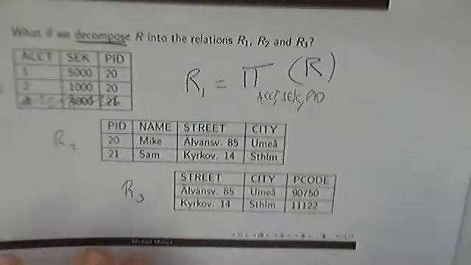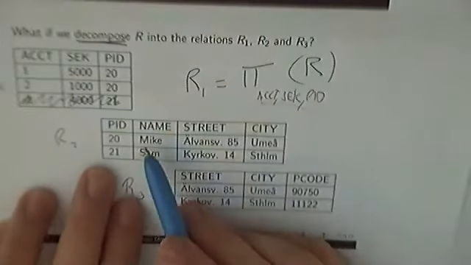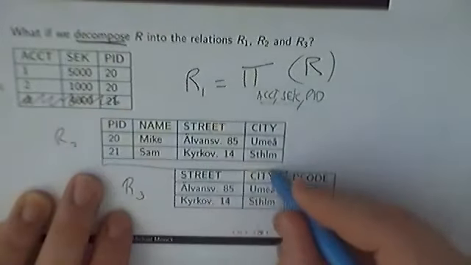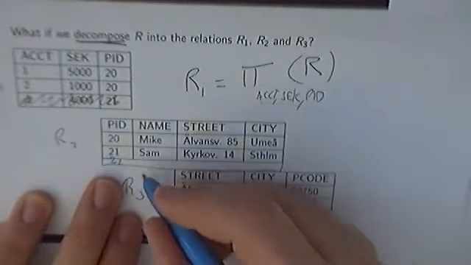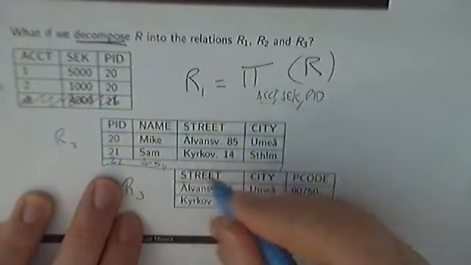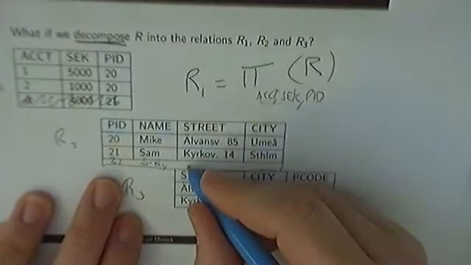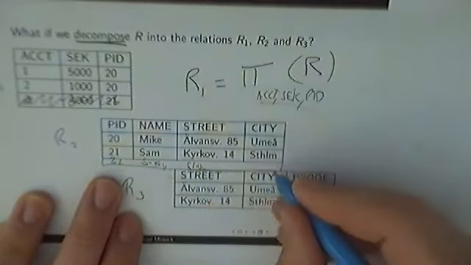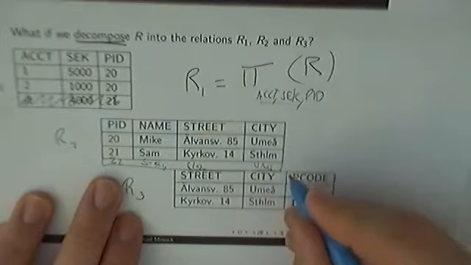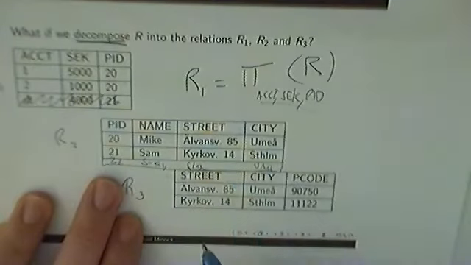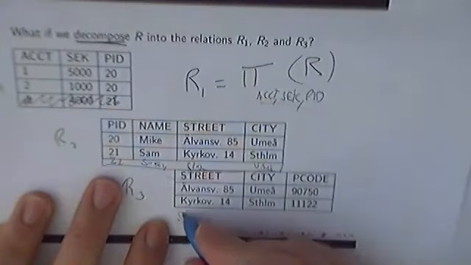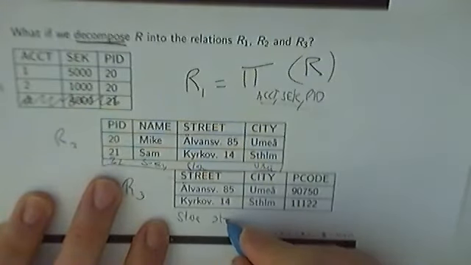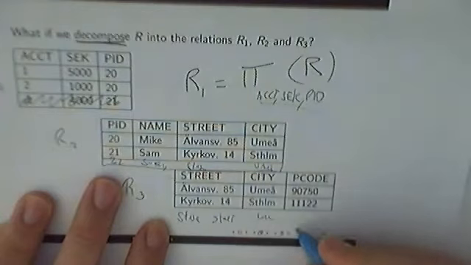Can we add information on Susie without giving her an account? Sure. We just go down here and add information about Susie, give her PID 22, Susie. Let's put her at some State Street. Let's call that Umeo or something. So we can add that. Now we have to add that also in here: State Street, Umeo, 90751 or something.